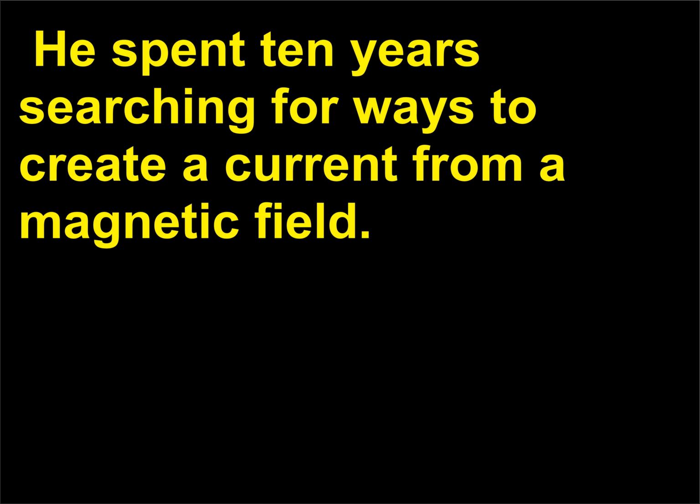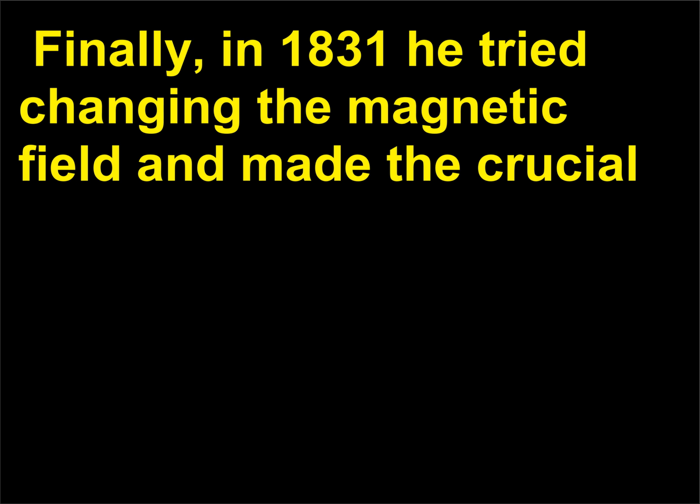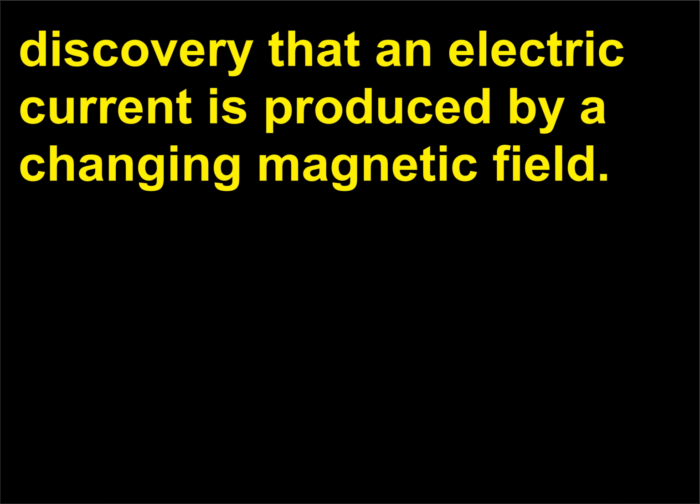He spent 10 years searching for ways to create a current from a magnetic field. Finally, in 1831 he tried changing the magnetic field and made the crucial discovery that an electric current is produced by a changing magnetic field.